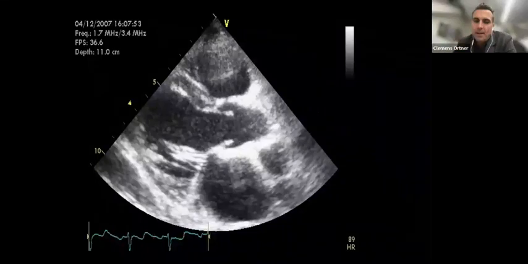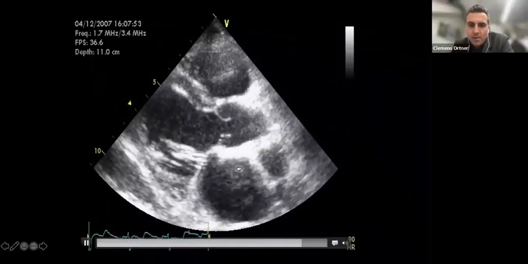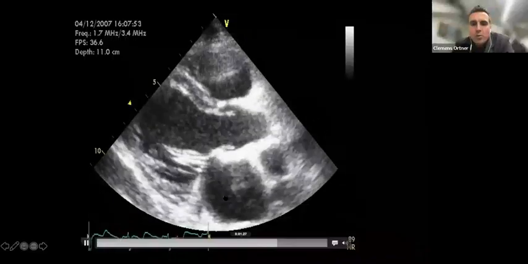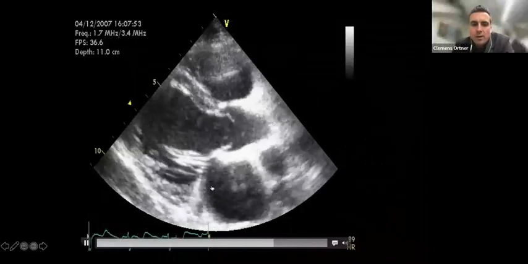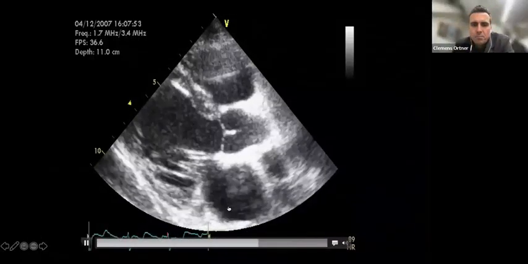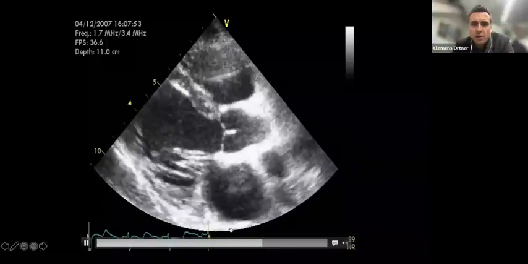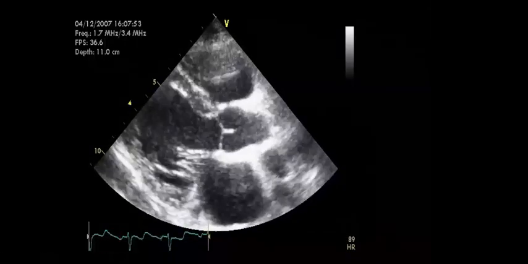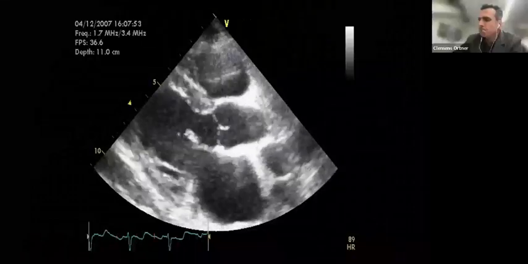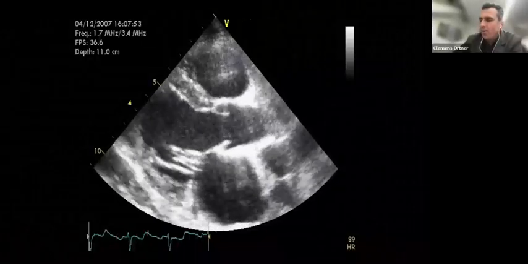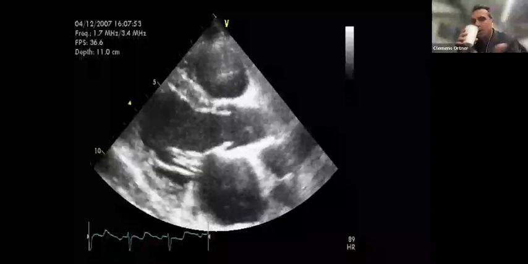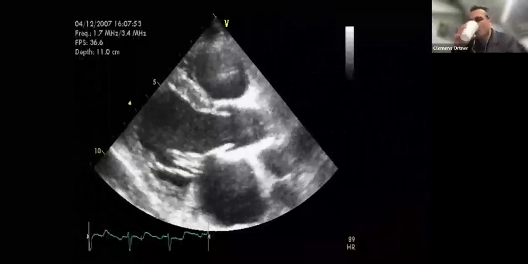And then, this is a more subtle sign, but I think it's also an easy marker. What's the size of the left atrium here compared to the ascending aorta? Pretty dilated. Why do you say dilated?